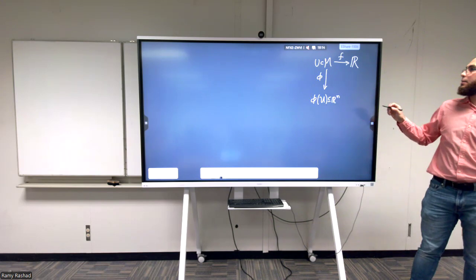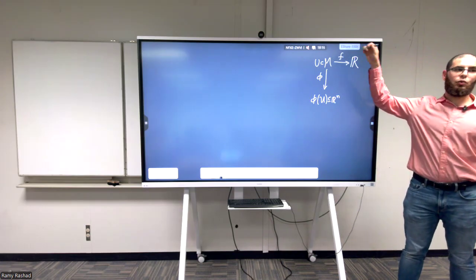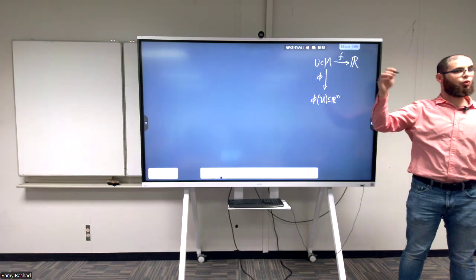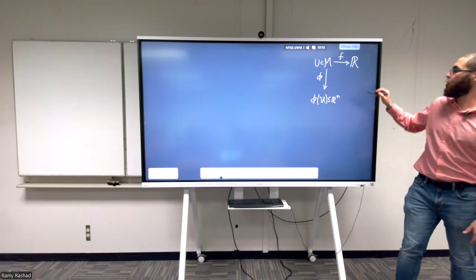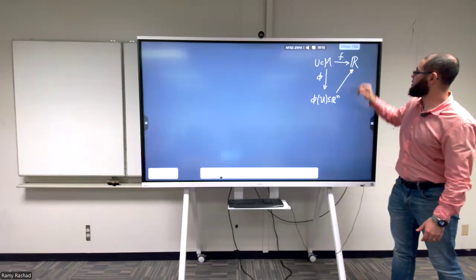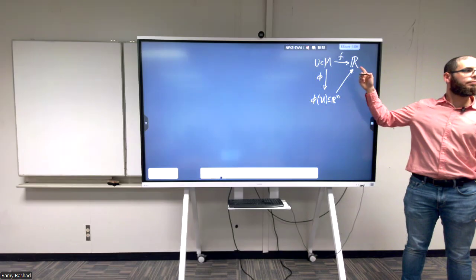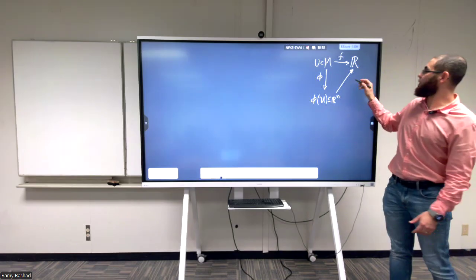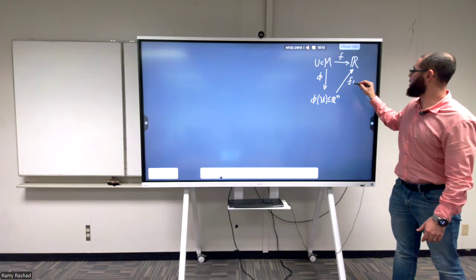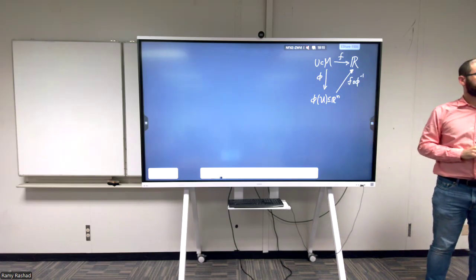Now if I want to understand what it means for F to be continuous, differentiable or smooth, I can simply look at the function that takes me from Rn to R. This function is equal to F after phi inverse.